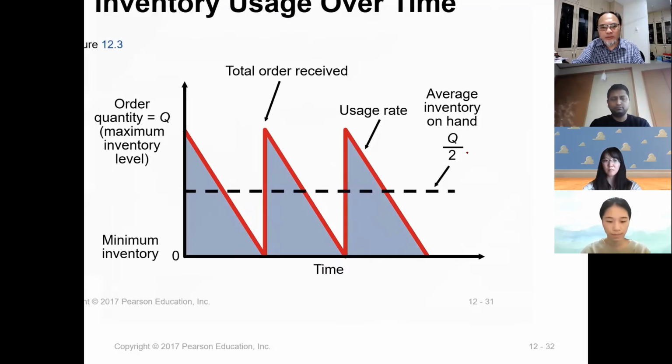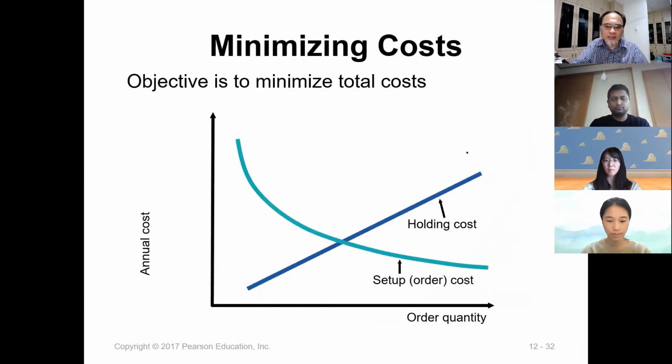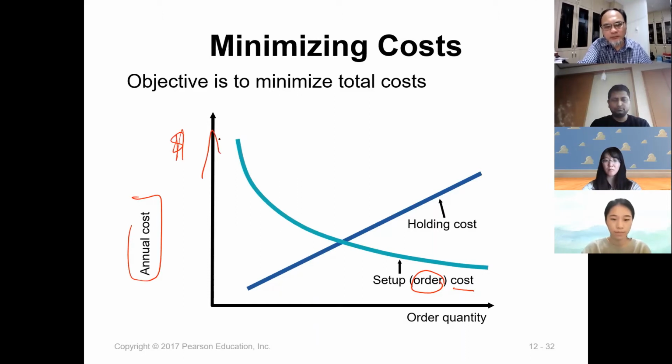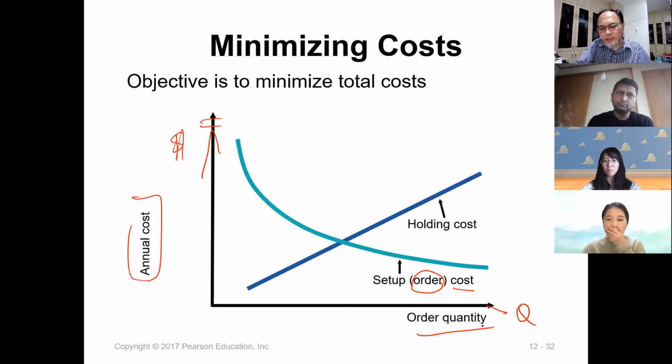Okay, let me show you. Probably it is quite difficult to see this initially. This is setup cost or order cost. The order cost will reduce as order quantity increases, but this is annual cost. The more orders you make, the more expensive it becomes, and more orders come from a lower quantity per order.